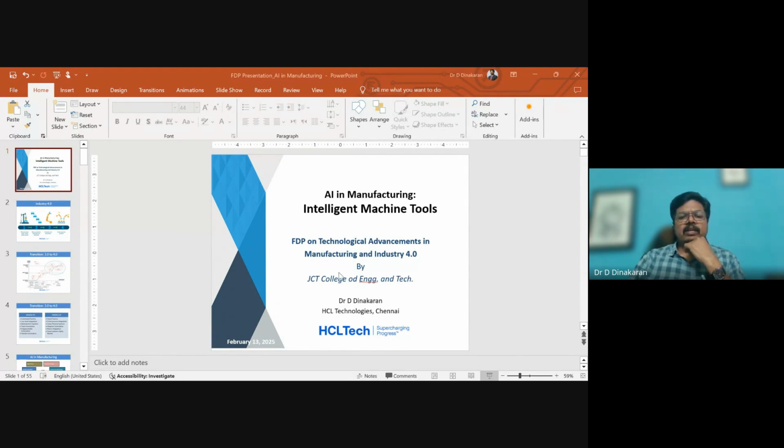When computers and automation were introduced, we call it the Industry 3.0 revolution. When cyber-physical systems and robotics were introduced, we call it Industry 4.0. This is how it is moving.